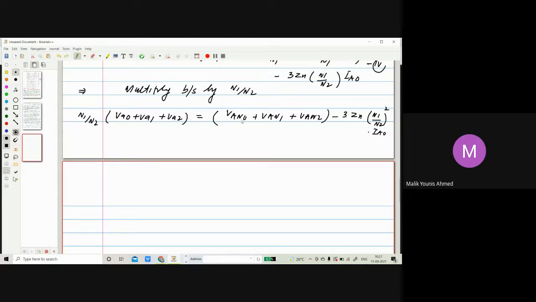Now this value we already know. We can substitute this value right now. Let's call it equation number 5.